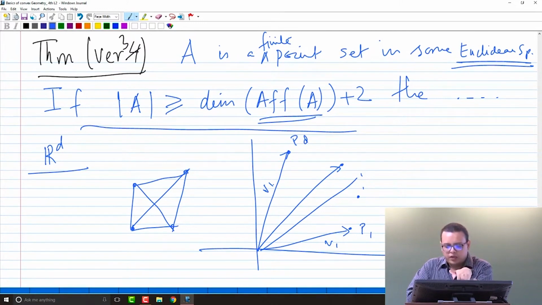Take these d points and the origin. This will be your example where Radon's theorem will not hold. I need d plus 1 points, right. I have these d points plus the origin. See, I purposefully did not take the axes. There is nothing magical happening about axes. The only thing you need is linear independence. That is it.